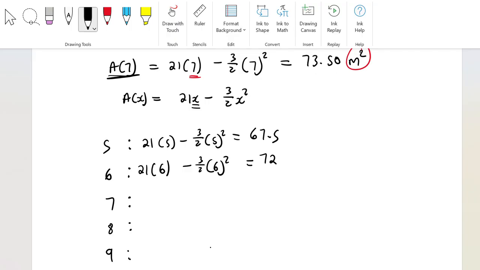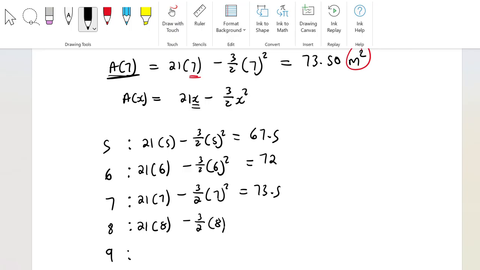So when I put 7 here, I get 73.5. Well, let's put 8 and see what we get. Well, if I put 8 in the place of 6, I'm going to get 72. Well, if I put 9, I should get the same answer as that one. But let's just see if it turns out to be that way. Because it's a parabolic function, so it is symmetrical on either side of the line of symmetry. Well, I get 67.5.